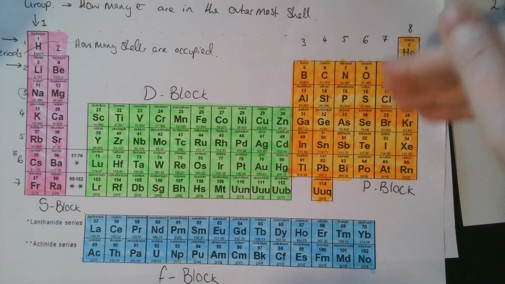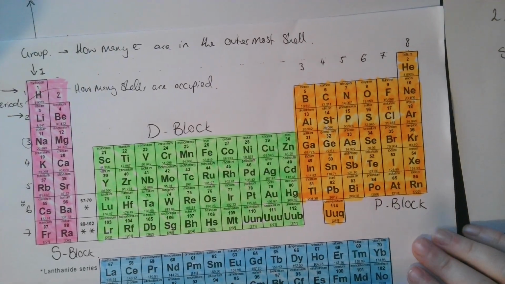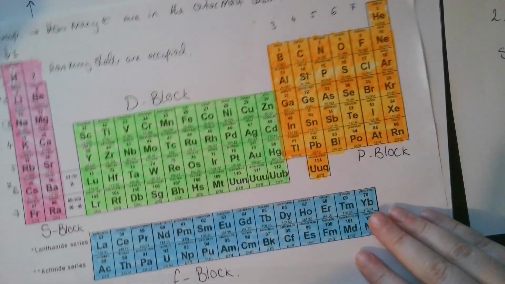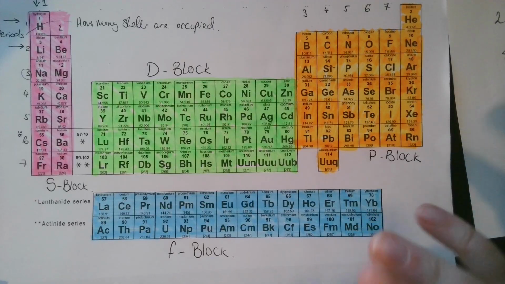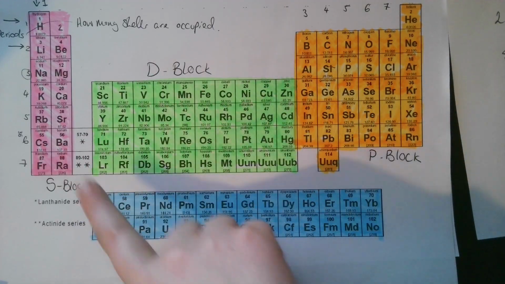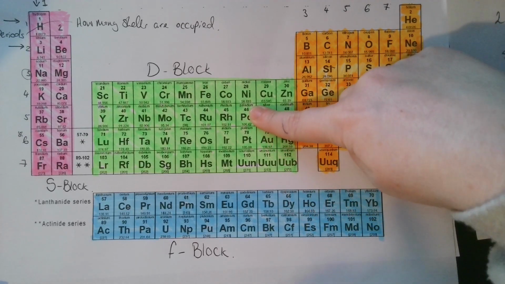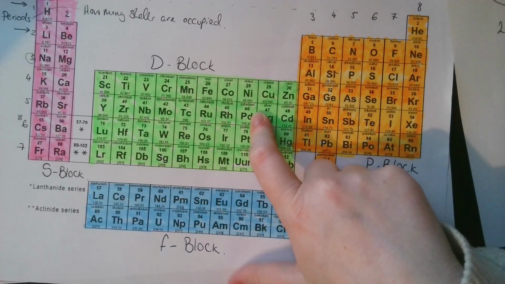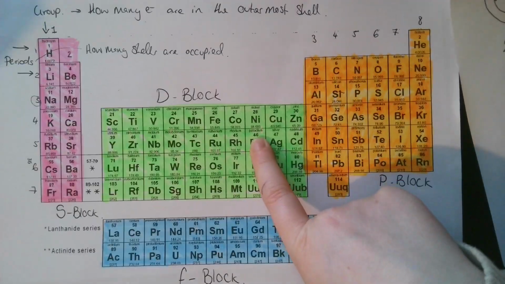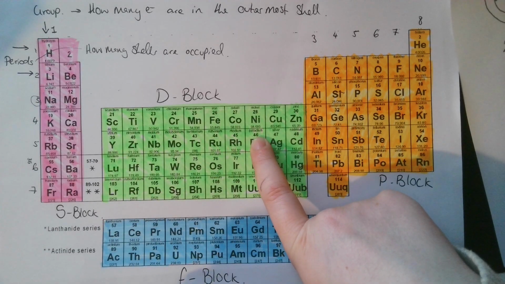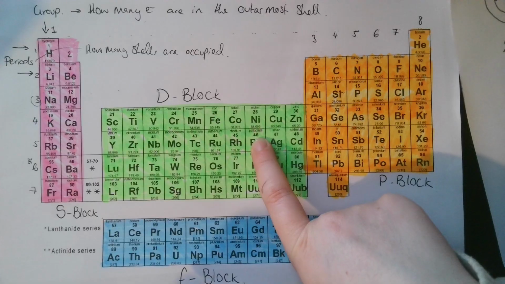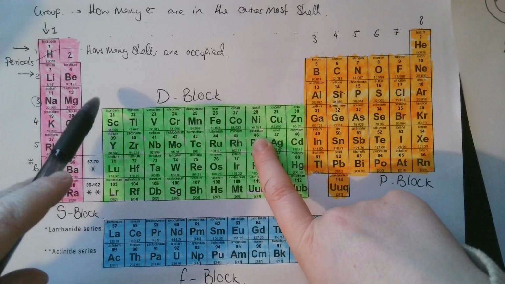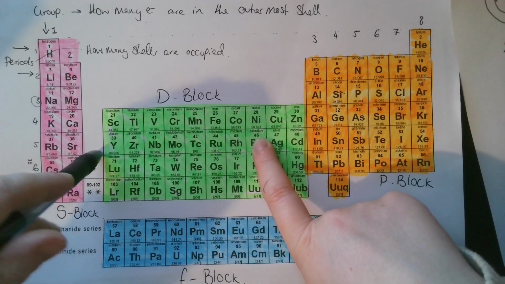And it begins to look a little bit like coordinates as well. So for example, this is just showing off now. Let's take a look at D block. We'll go with that one. Palladium, Pd. Its outermost electron is in D block. It occupies the 4th shell.